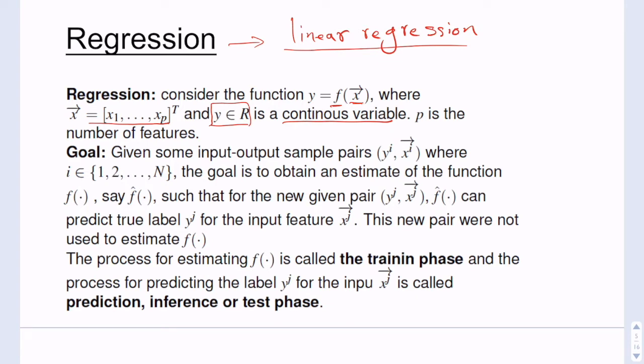I will explain what we mean by a linear function, but when we talk about regression, for 80% of the time we mean linear regression, and linear regression means the function we assume that relates the input to the output is a linear function. I'll shortly talk about what a linear function is.